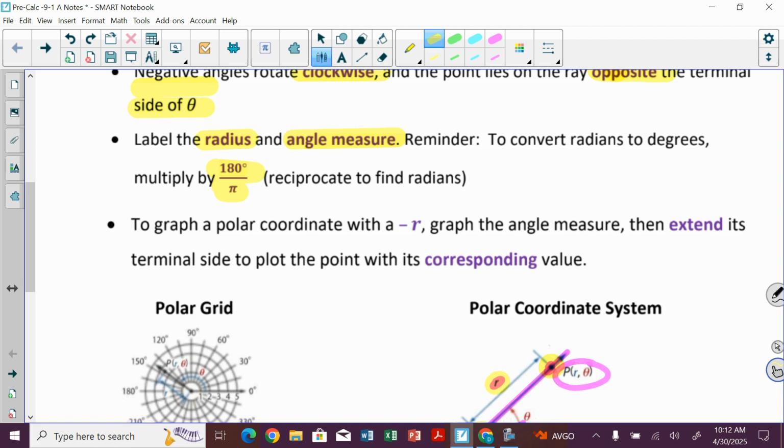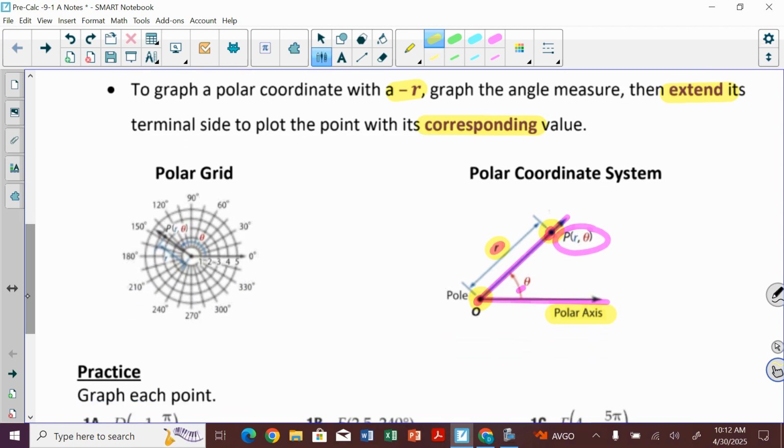All right, to graph one with a negative r value, graph the angle measure, then extend its terminal side to plot the point with its corresponding value. We'll show you examples of those. Okay, now let's take a look at the polar grid. We already looked at the polar coordinate system, so let's look at the grid.